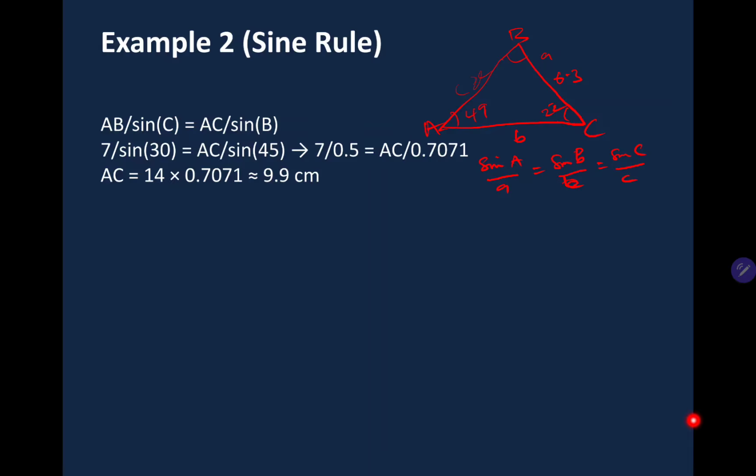So now, having labeled this triangle, we could then apply the formula, since we're looking for x, which is our C here. So we can then say x over sine 22, which is C, is the same thing as A, which is 6.3, over what? Sine A, which is 49.